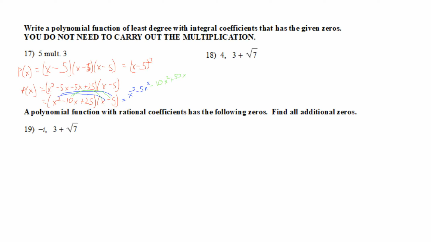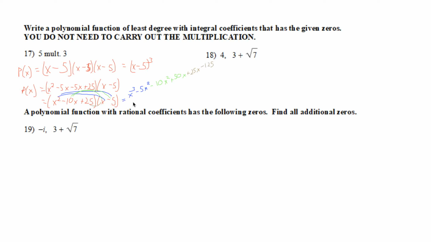And we'll choose a better color here. Let's go with a beautiful brown color. Now we can do 25 times x, so plus 25x, and then 25 times negative 5 is negative 125.